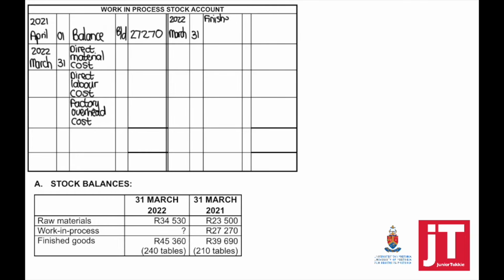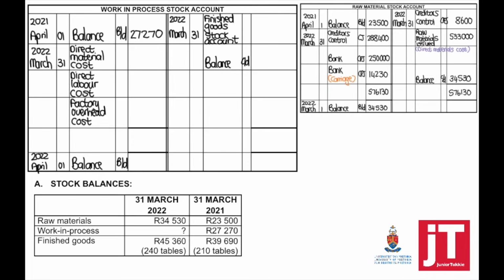On the credit side, we will have the cost of finished goods produced this year, which is taken to the finished goods stock account, and the balance at the end. So, we've just calculated the raw materials issued, and we said that the raw materials issued is equal to your direct material cost. So now, before I can complete this account, I've got so many unknowns.